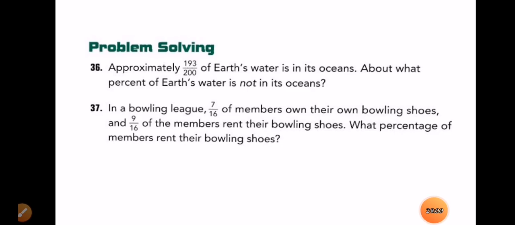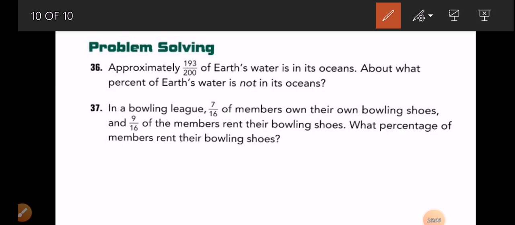Now the problem solving, number 36. Approximately 193 out of 200 of Earth's water is in its oceans. About what percent of Earth's water is not in its oceans?